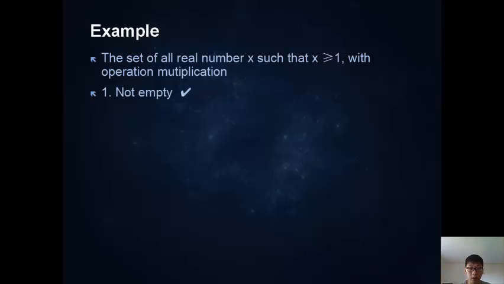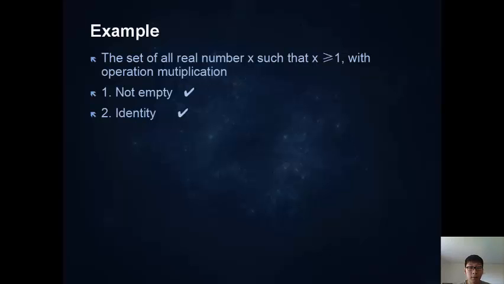As you may already know, the identity of this set is 1, because 1 times any element in this set will be the element itself. For example, 1 times 2 equals 2, 1 times 3 equals 3. Is 1 in the group? Yeah, for sure. The question says x is greater than or equal to 1, and 1 is definitely in the set, so identity is checked.